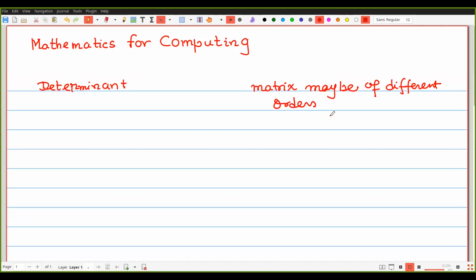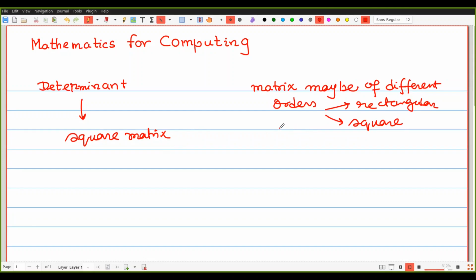That means it may be rectangular, or it may be square, that means the number of rows and number of columns are equal. A determinant always comes from a square matrix. That means from a rectangular matrix, we cannot find the determinant.